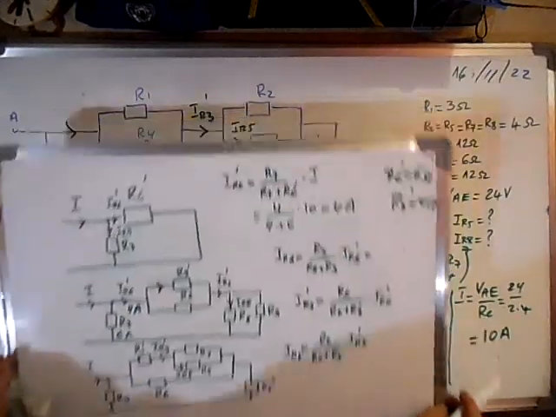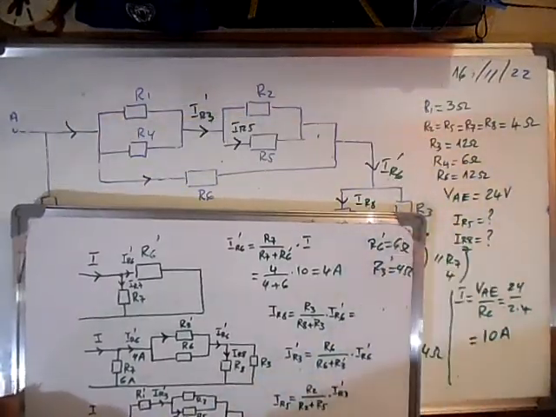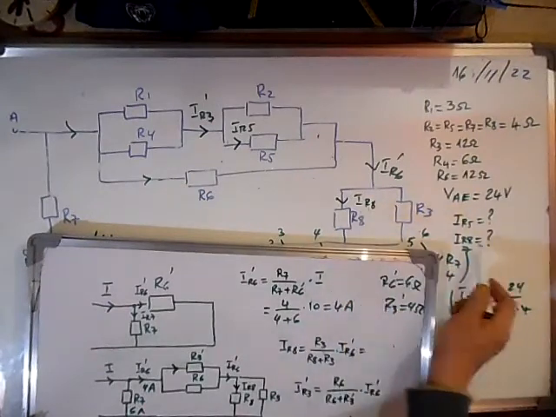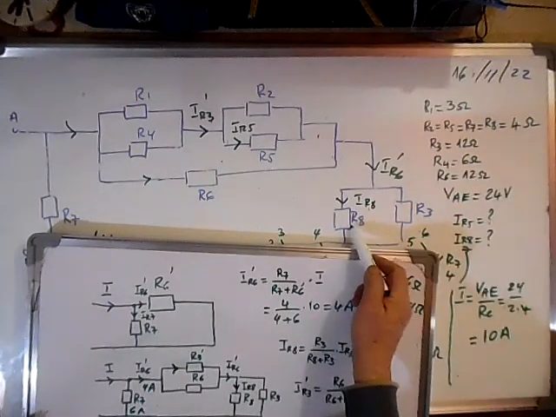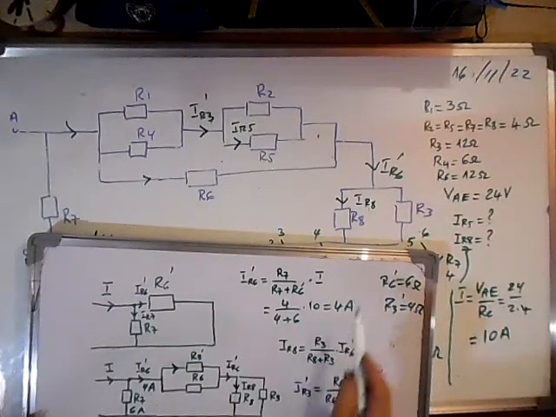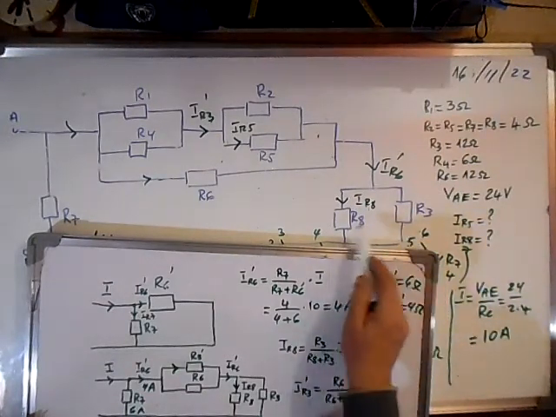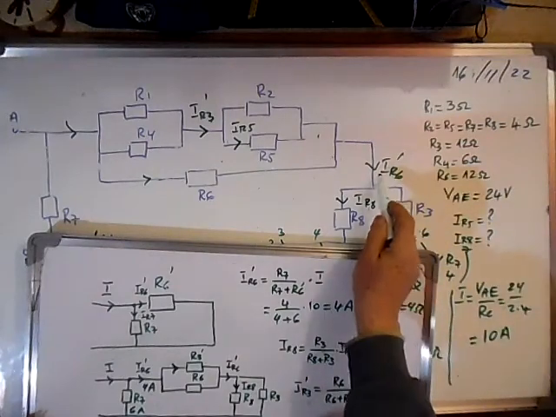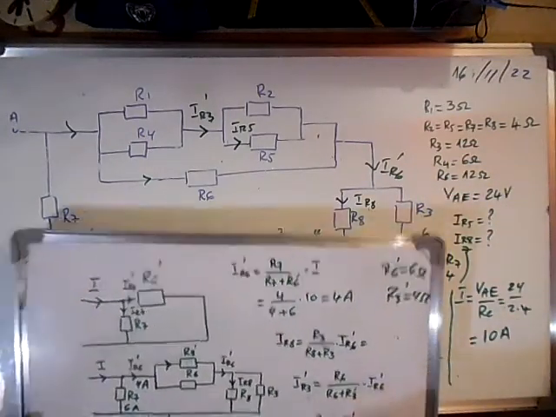Once we have the R6 prime current, we can calculate the current IR8. This is R3 over the sum of the two times the current we calculated.